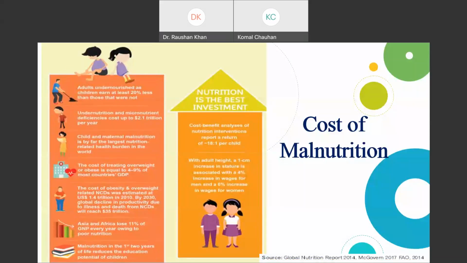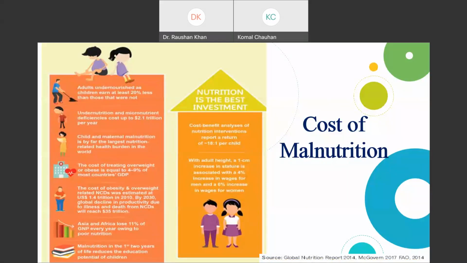And it is said that with adult height, a 1 centimeter increase in stature is associated with a 4% increase in wages for men and 6% increase in wages for women. So nutrition is not just a physiological factor. It also costs us as a nation a lot. So it needs to be looked at properly.